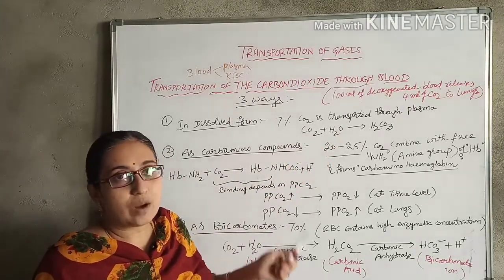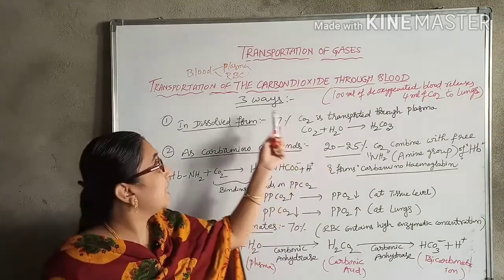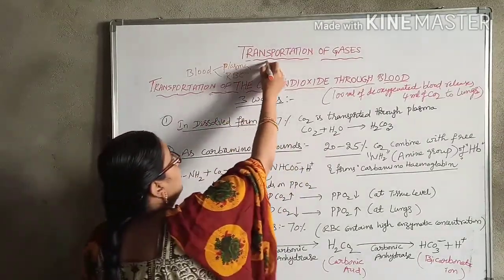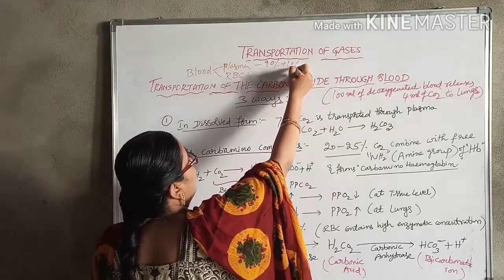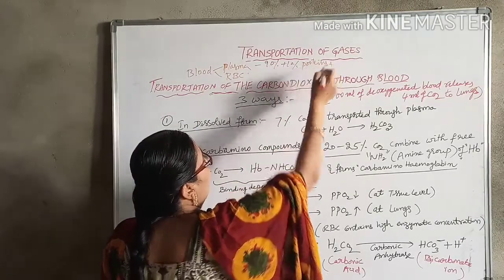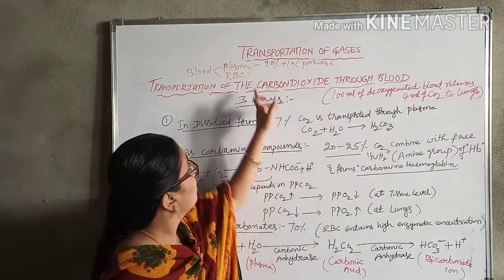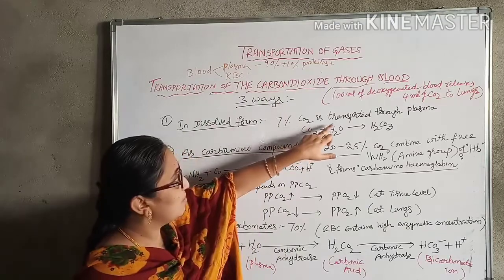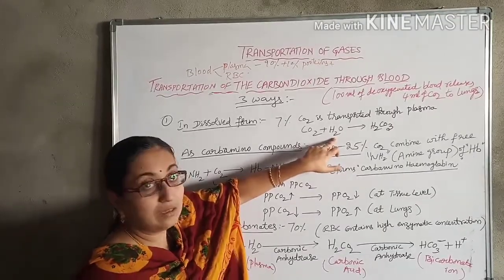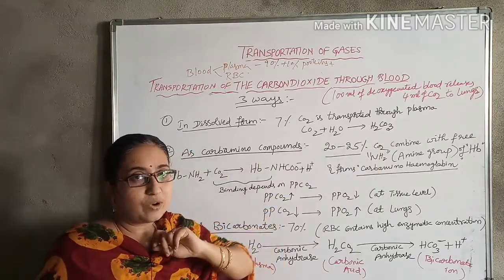The carbon dioxide combines with the water. Plasma consists of 90% water and 10% blood proteins, vitamins, minerals and different substances which are in the dissolved form. So 7% of the carbon dioxide is transported through the plasma water. It forms H2CO3, carbonic acid.